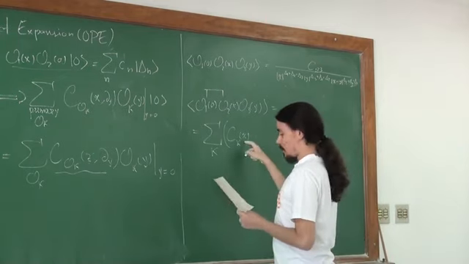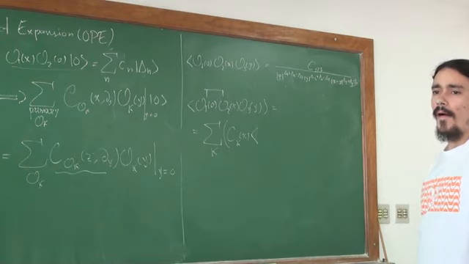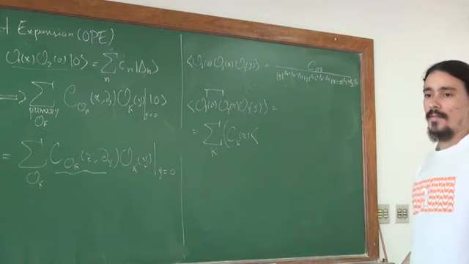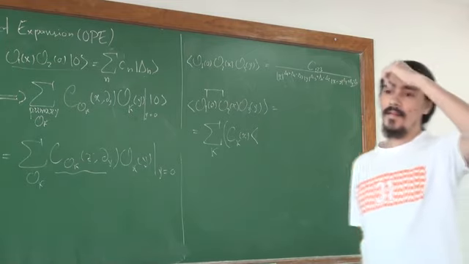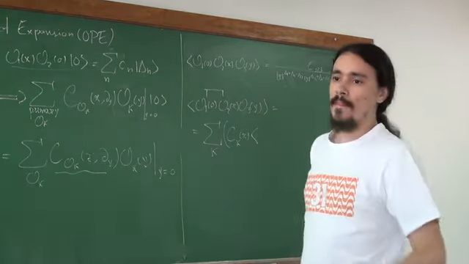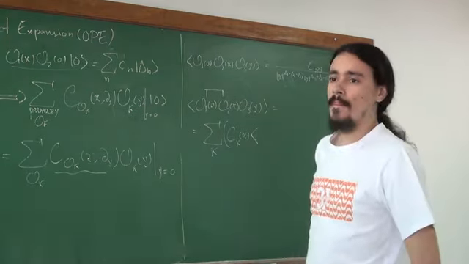Maybe it's a question, but can I do the operator product expansion if there's an operator in between? If I wanted to do it between O1 and O3, there would be an O2 in between. Yes, exactly.